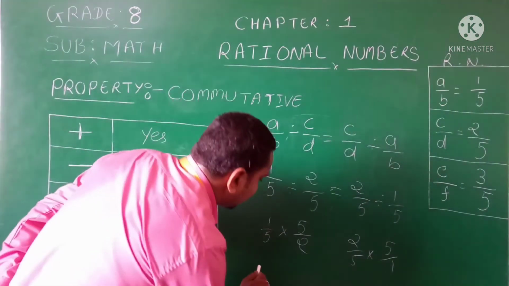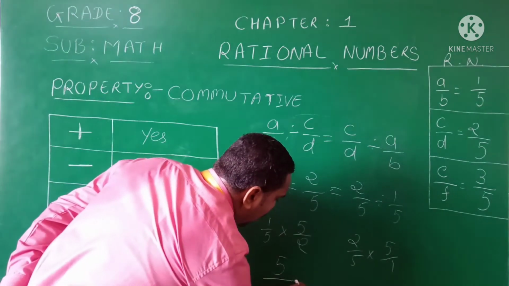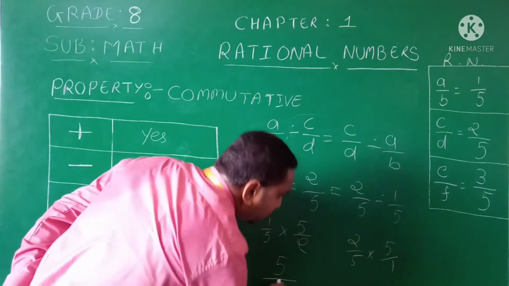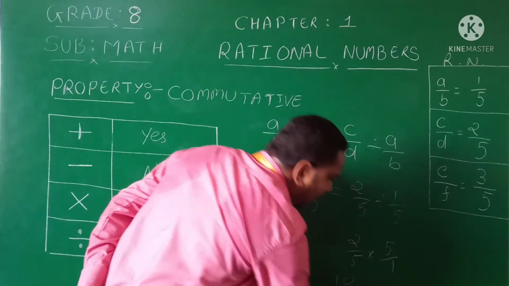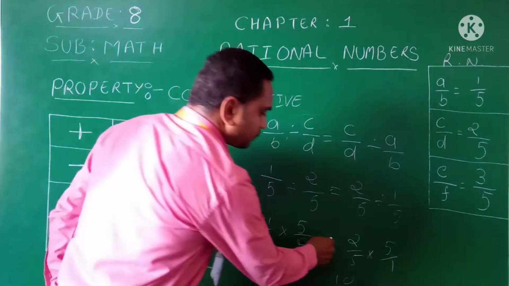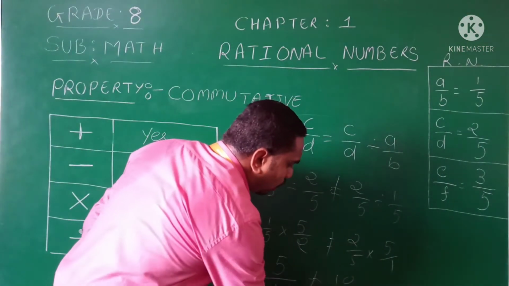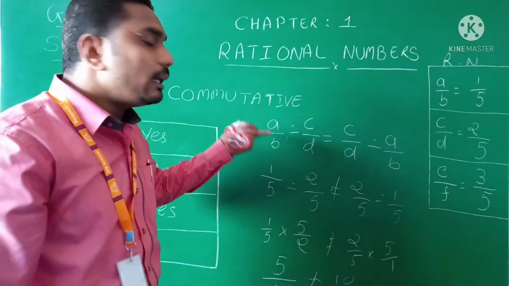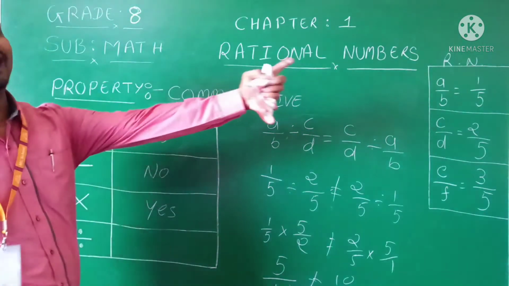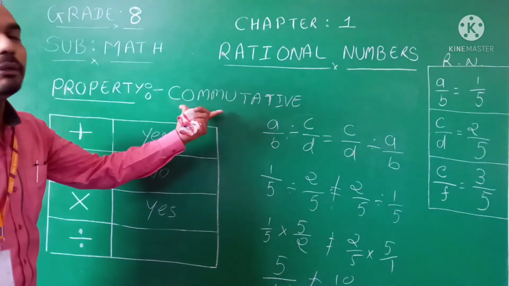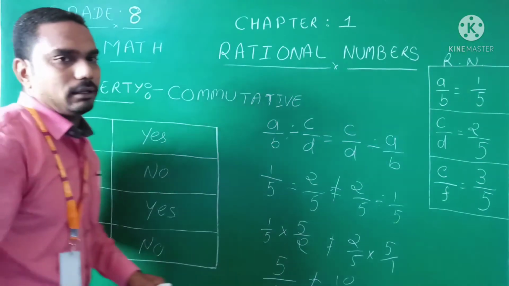Let's see what answer we are getting: 5 ones are 5 upon 10, and 5 twos are 10 upon 5. See here. So from the answer we can say that it is not equal. So for the division process, for the rational numbers, the commutative property is not applicable.